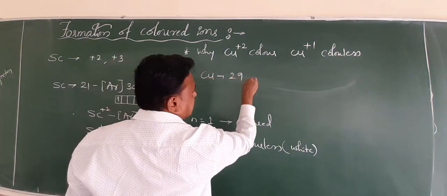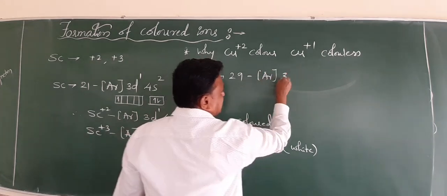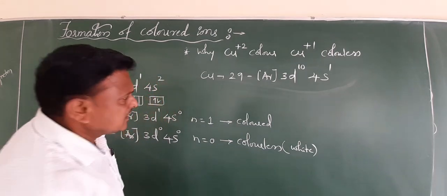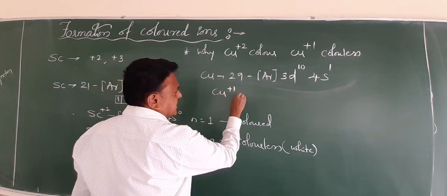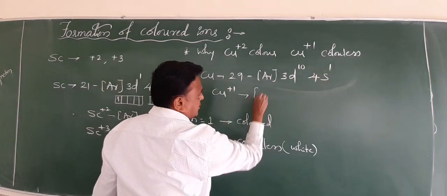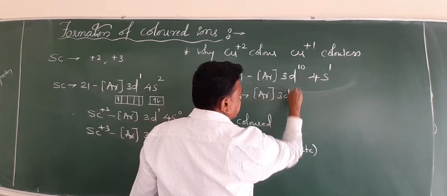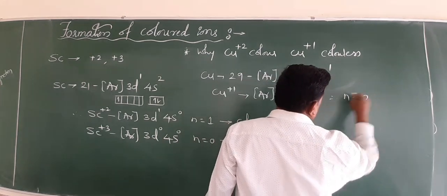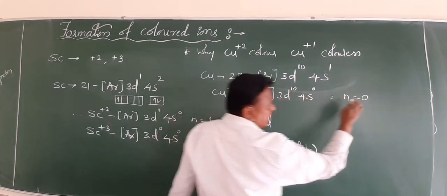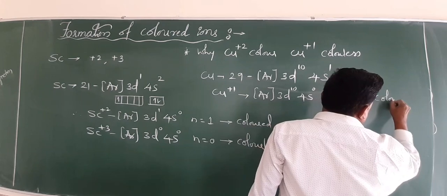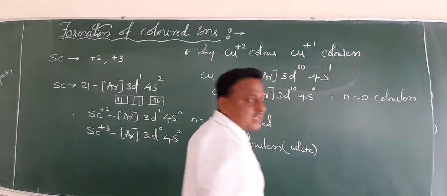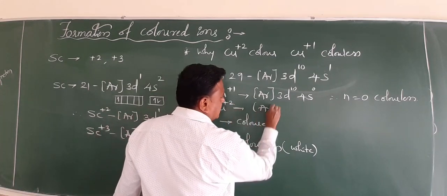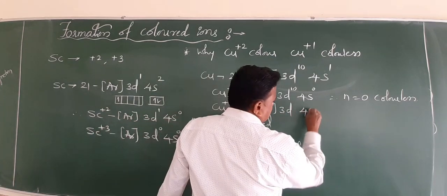Copper is 29, argon 3d10 4s1. Copper +1 stands for loss of 1 electron, so argon 3d10 4s0. Therefore n is equal to 0. There is no unpaired electron here. n equal to 0, this is colorless.